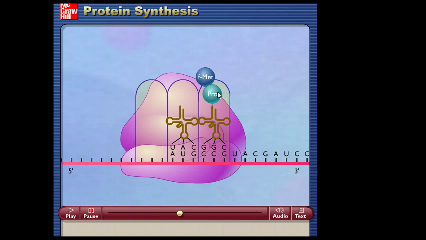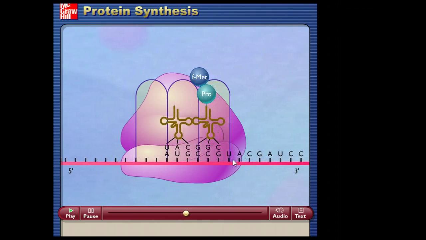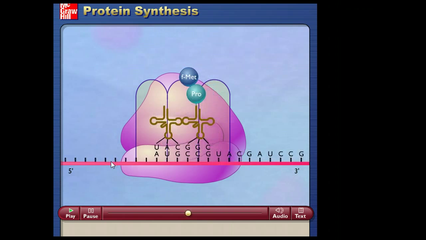This is a condensation reaction. Water would have come off. It's not showing you in this model. This methionine is now bonded to the proline. Know that this tRNA now is missing its amino acid. Remember that the mRNA is like a conveyor belt, and that conveyor belt is going to be pulled through the ribosome.